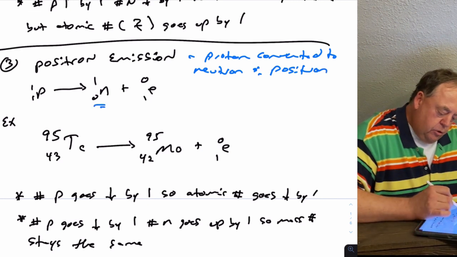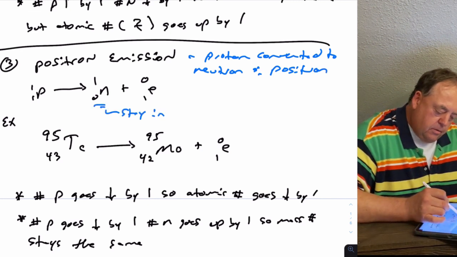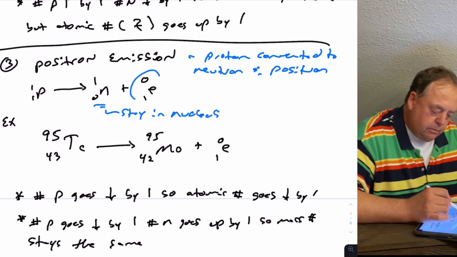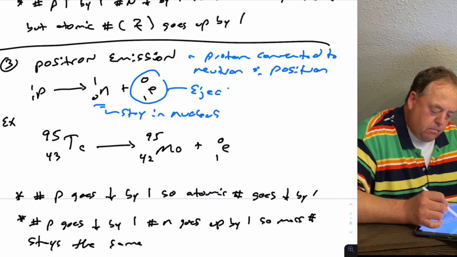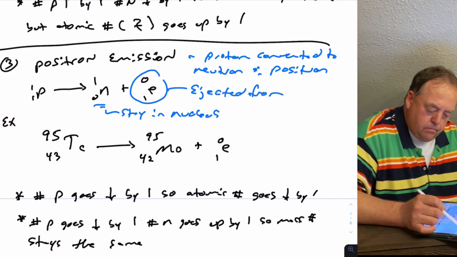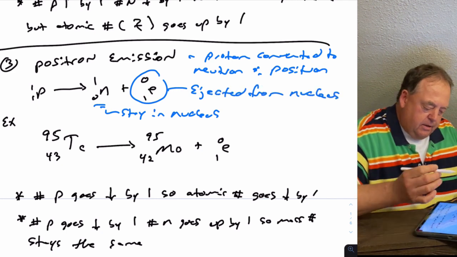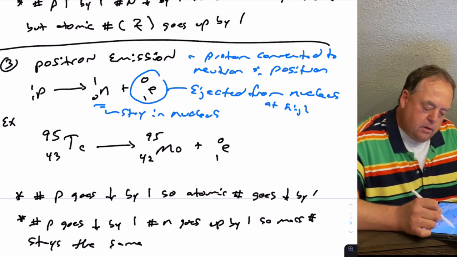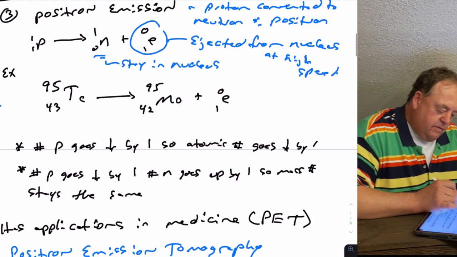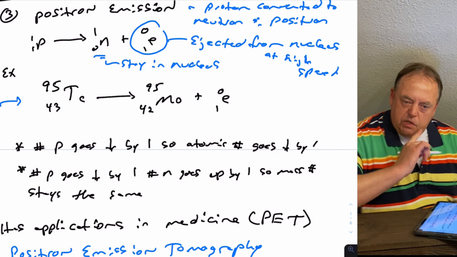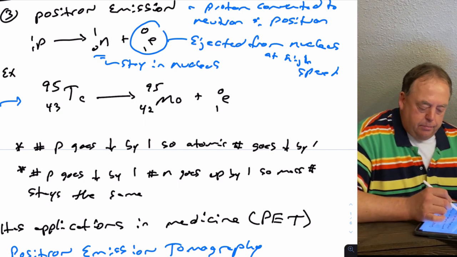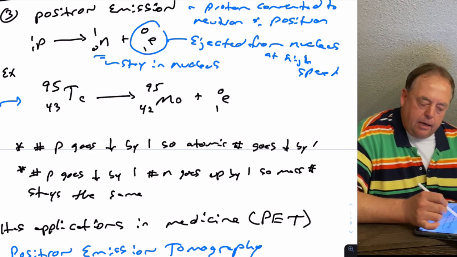So the neutron that's created stays in the nucleus, and the positron is ejected from the nucleus at high speed. So this would be an example of a nucleus that undergoes positron emission. So technetium-95 will decompose to molybdenum-95 plus a positron.